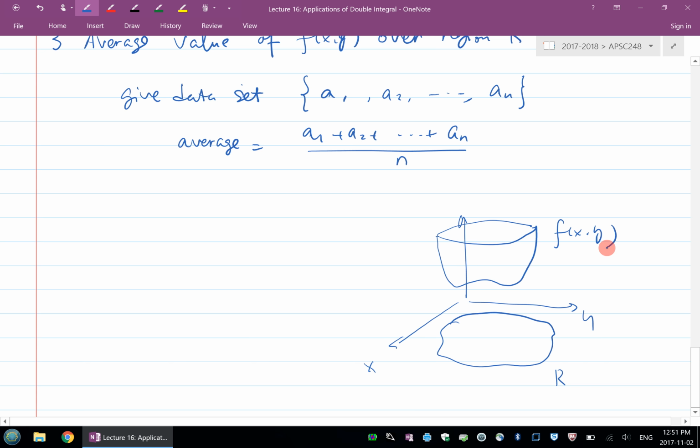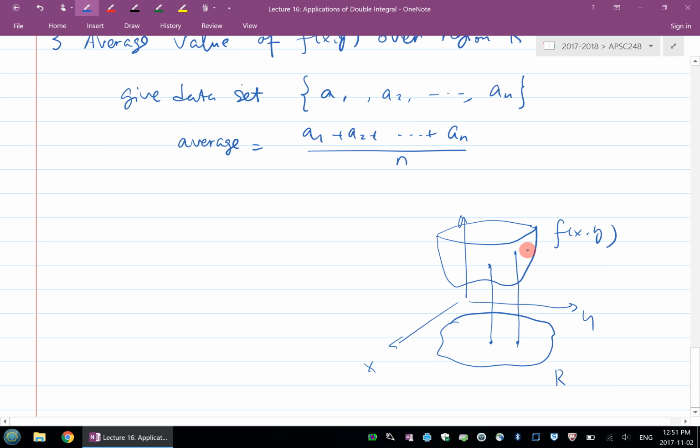Here's what we want to find. If you pick a point inside the region R, then project it to the upper surface here, so this is basically one height. That's a height. You pick another point and you go up here, so you get another height.